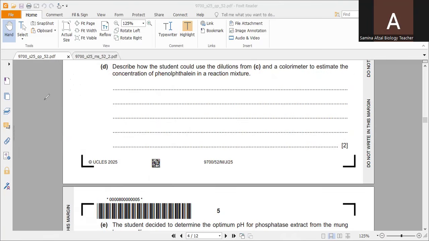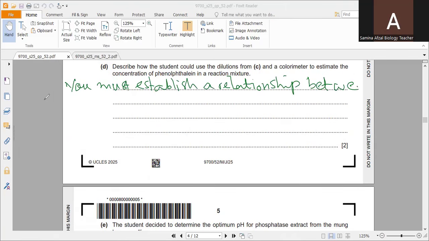First step is establish a relationship between known concentrations and their light absorption.